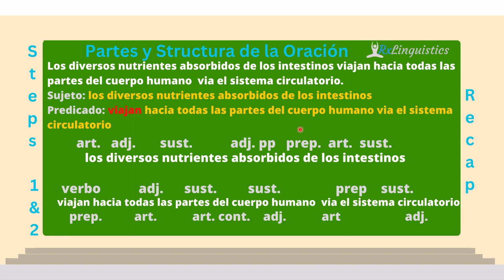Okay, in Spanish you have different structures. You have the SVO structure, and you also have other structures. Sometimes you omit the subject. Okay, sometimes the object can come before the verb.